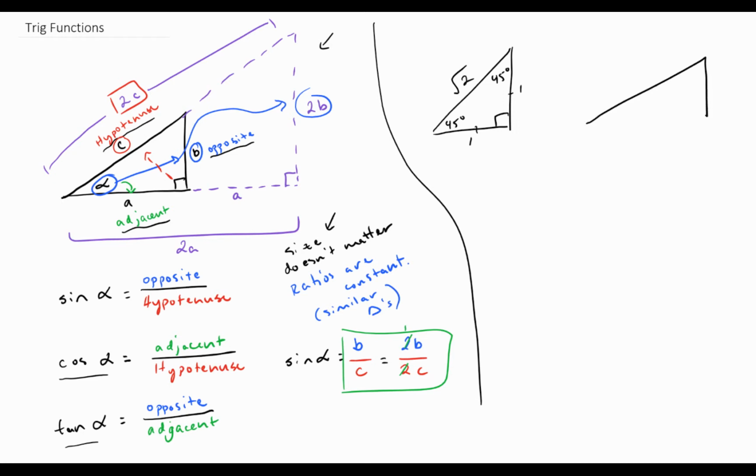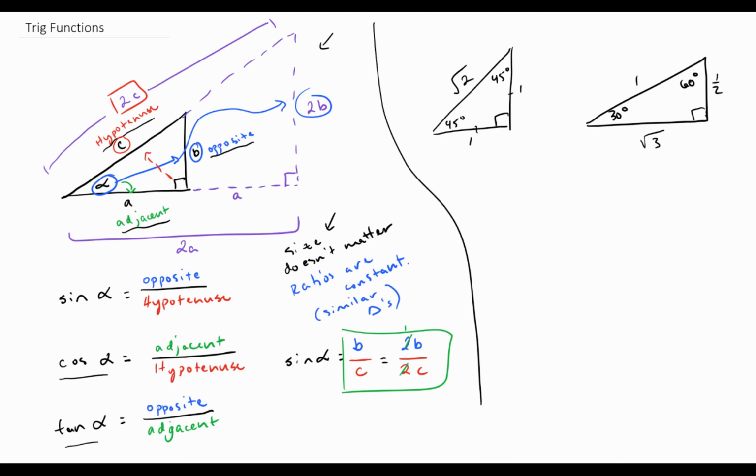Another commonly memorized triangle is the 30, 60, 90 triangle. With that triangle, if this side is 1/2, then this side up here is going to be 1, and this side here will be the square root of 3. You can verify that one with the Pythagorean theorem, but those are the ratios for this particular size triangle.